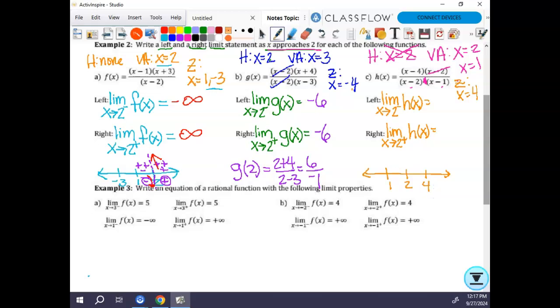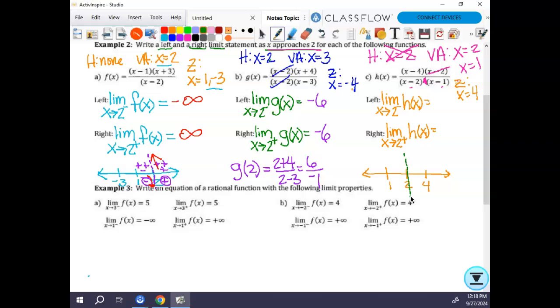And remember, I don't have to do the entire sign chart. I'm not solving an inequality. I am just trying to figure out what's happening really close to 2. And so this is the only part I really care about. But I need the other numbers on there so that when I pick things on either side, I don't go too far. Because if I go too far, it may change my answer, and we don't want that to happen.